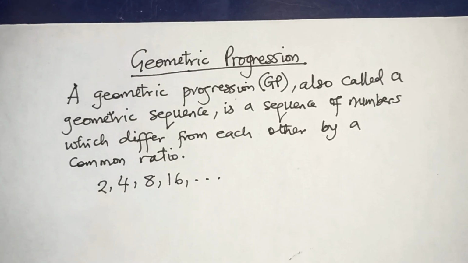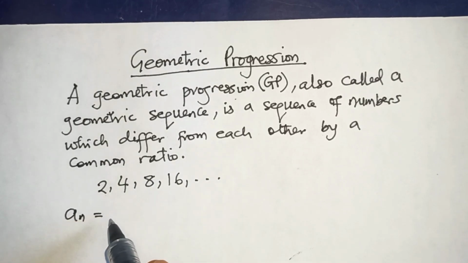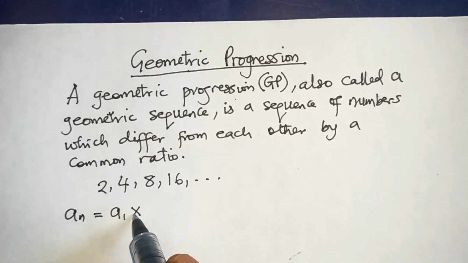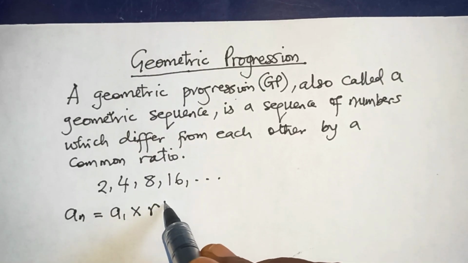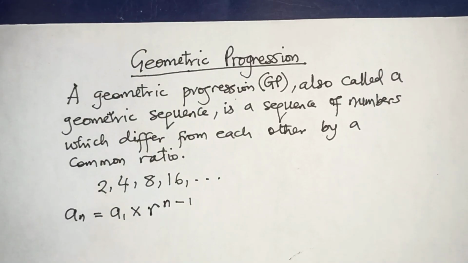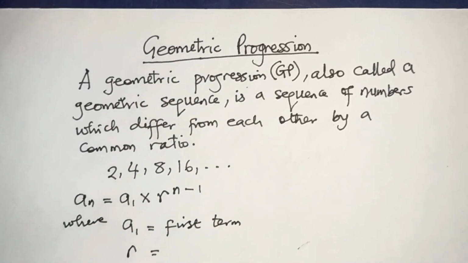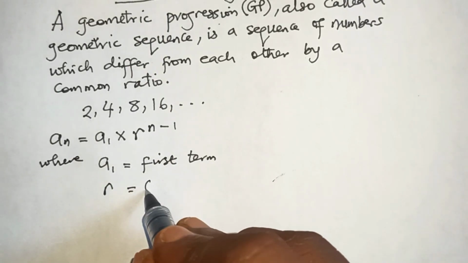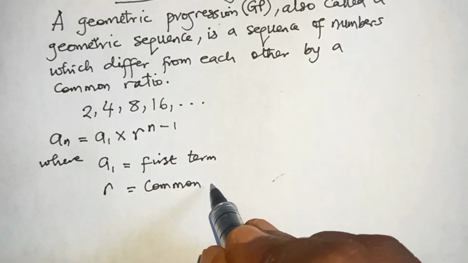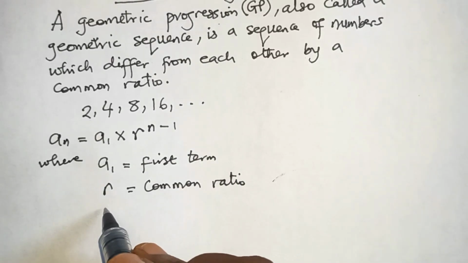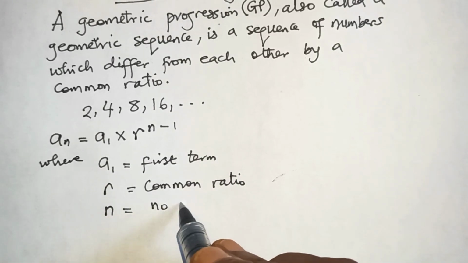In a geometric sequence, the nth term is given by a_n equal to a1 multiplied by the common ratio raised to power n minus 1, where a1 is equal to the first term, r is equal to the common ratio, and n is equal to the number of terms.